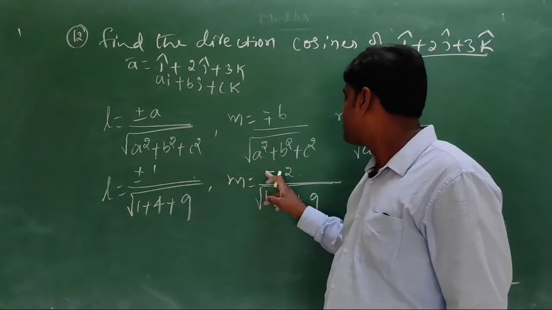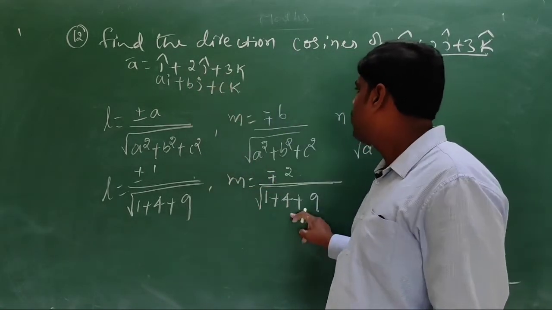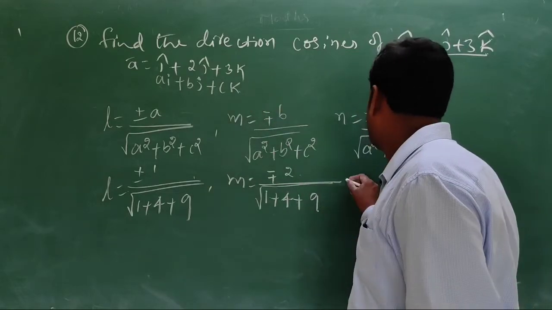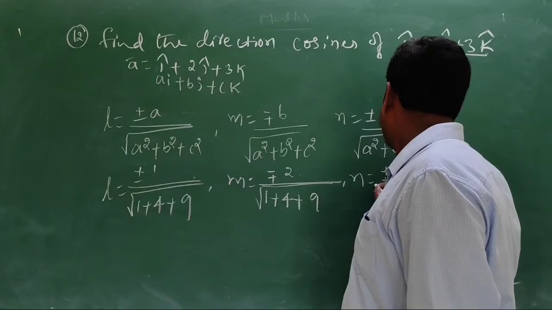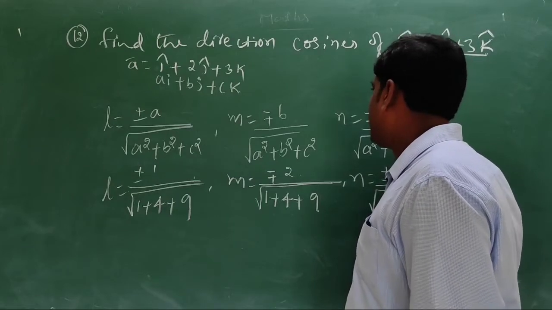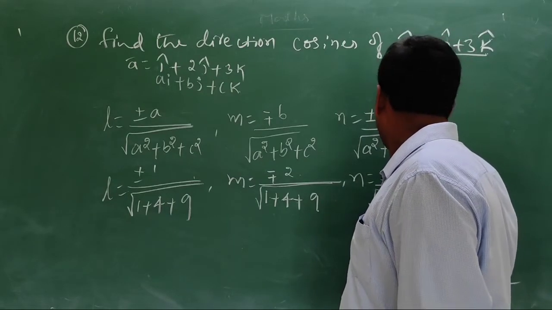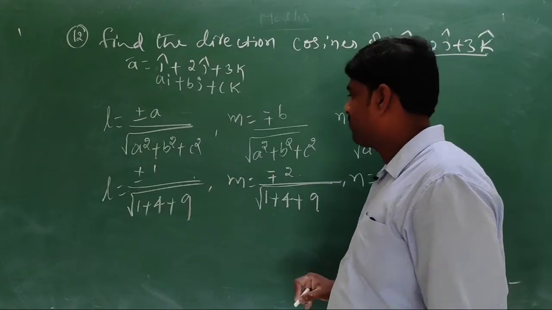Here 1 square means 1, 2 square means 4, 3 square means 9. n is equal to plus or minus 3 divided by square root of 1 plus 4 plus 9.